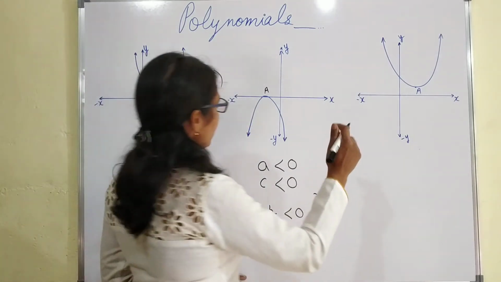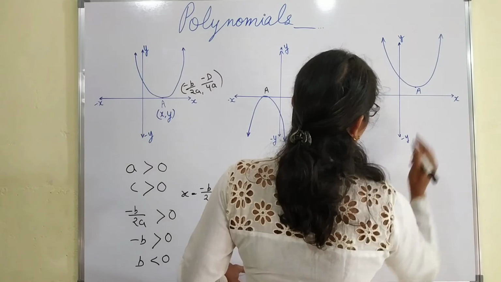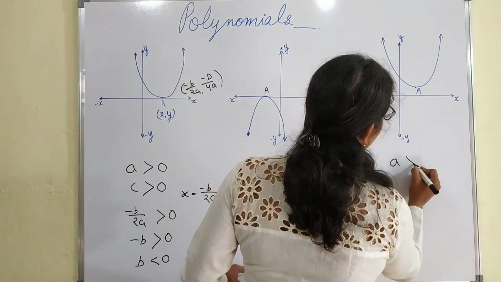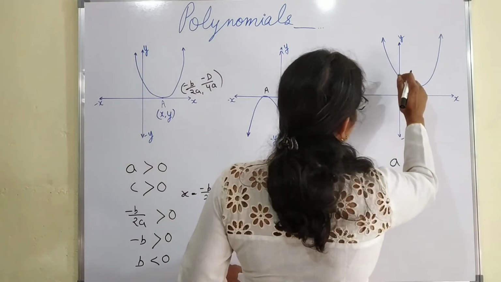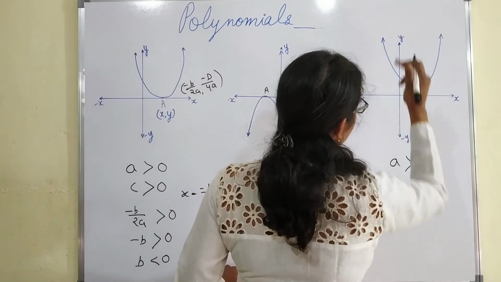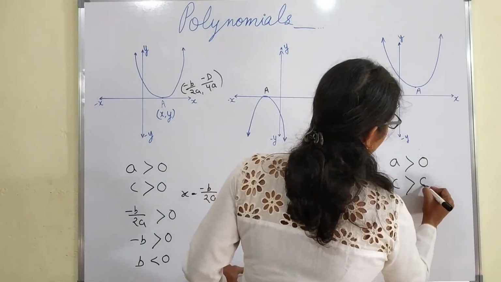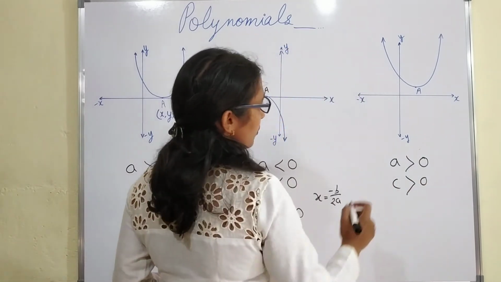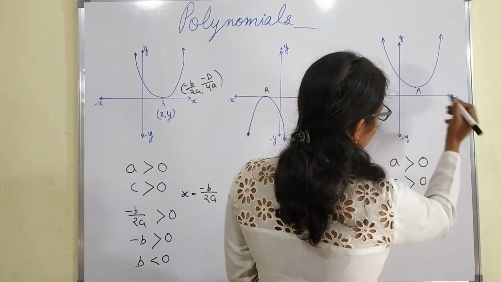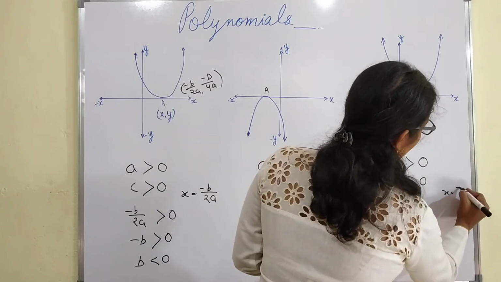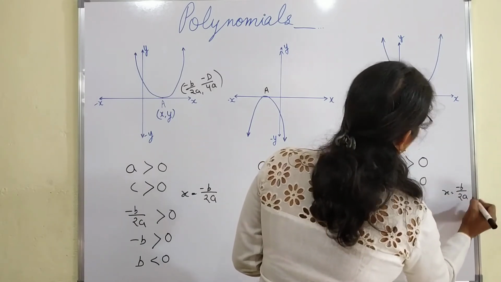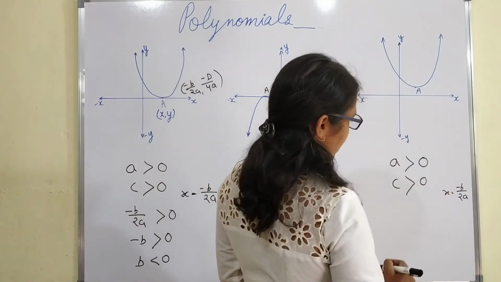Now in the fourth one, it is opening upwards, so value of a is greater than 0. It is intersecting y-axis in positive direction, so value of c is greater than 0. Now again x equals minus b upon 2a, and here it is positive.